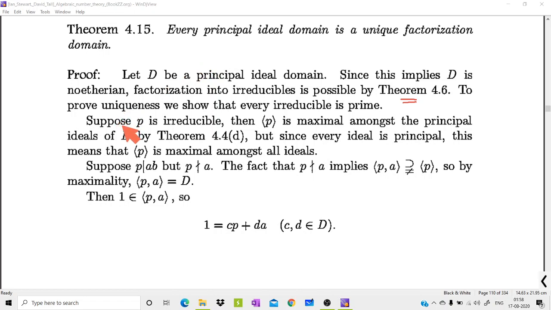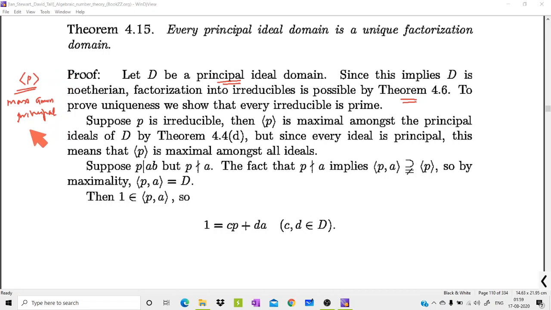Right? So we start with an irreducible P. We know that if P is irreducible, then the ideal generated by P is maximal among the principal ideals. But we know that D contains only principal ideals. So the ideal generated by P is a maximal ideal of D itself.